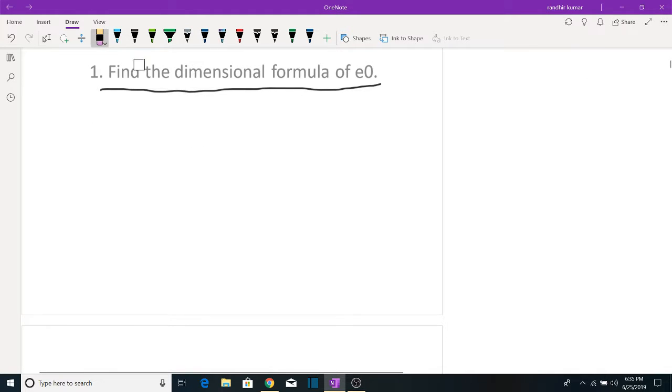Epsilon naught is equal to Coulomb's square upon force into meter square, that means amperes.